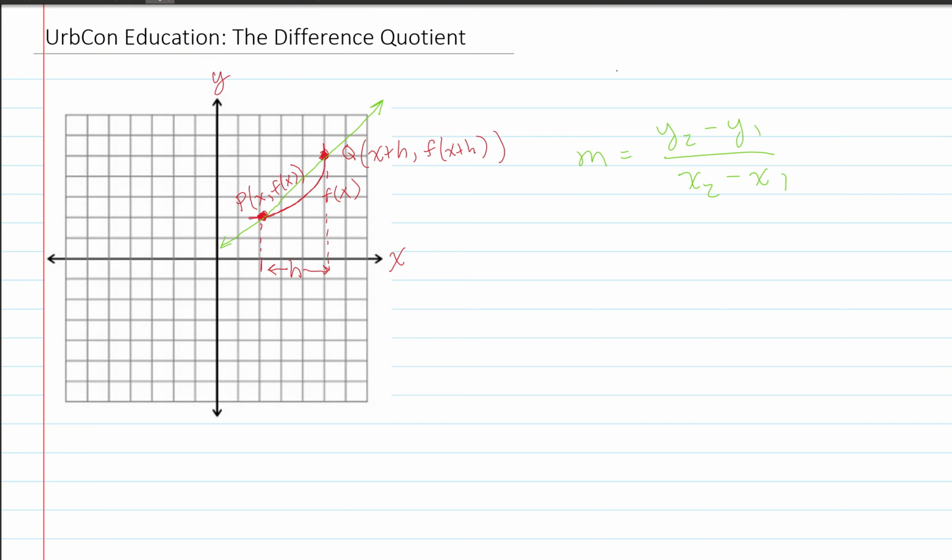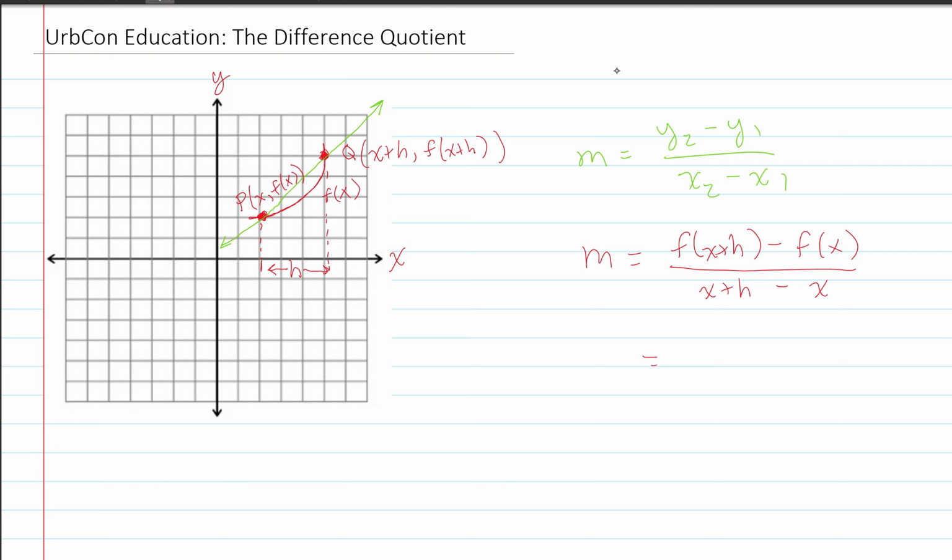With this being so, we can go ahead and plug in what we have for y sub 2. Y sub 2 for us is f of x plus h minus y sub 1, which is f of x, all divided by x sub 2, which is x plus h, minus x sub 1, which is x.